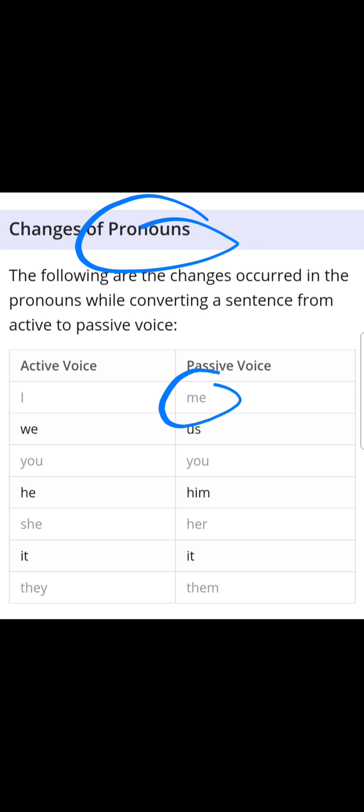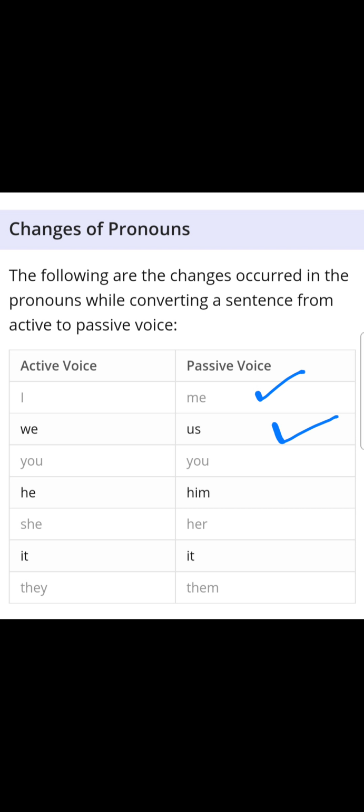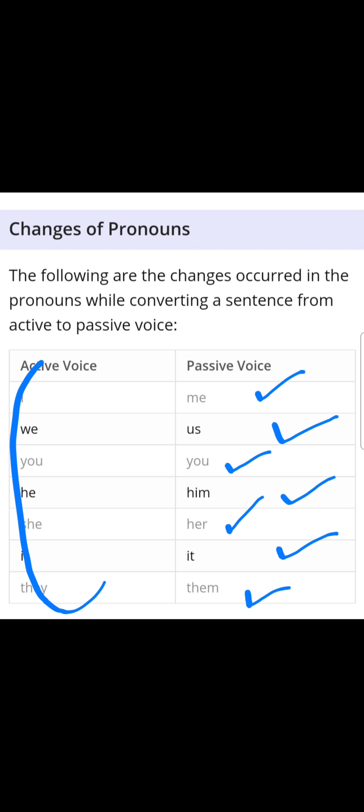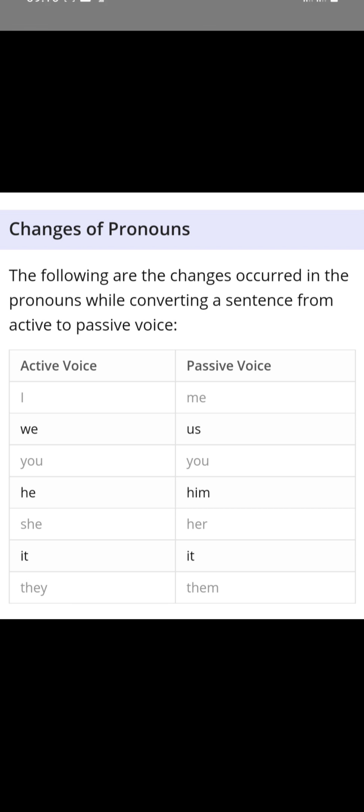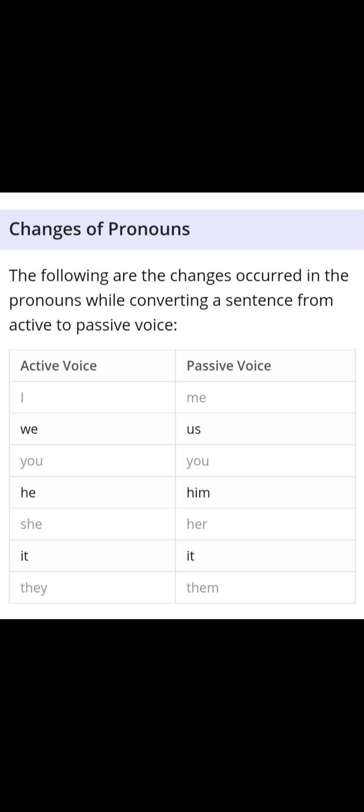I changes into me, we into us, you into you, he into him, she into her, it remains the same, and they into them. These are the pronouns which are changed into their next position.